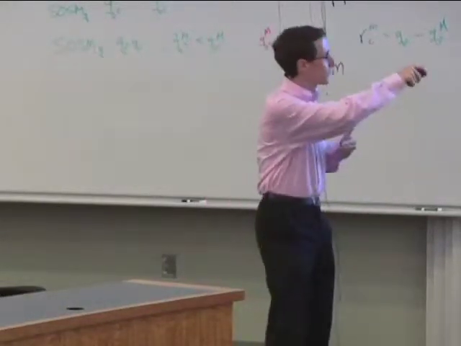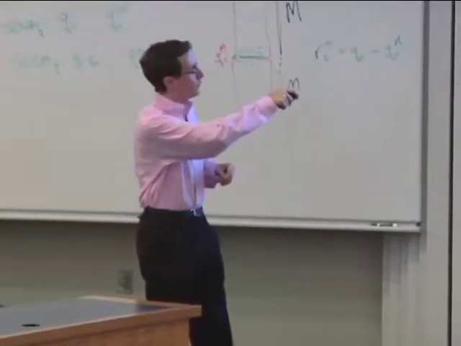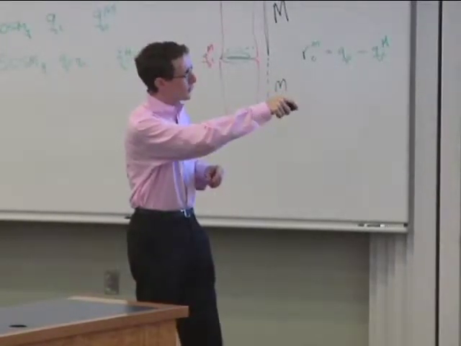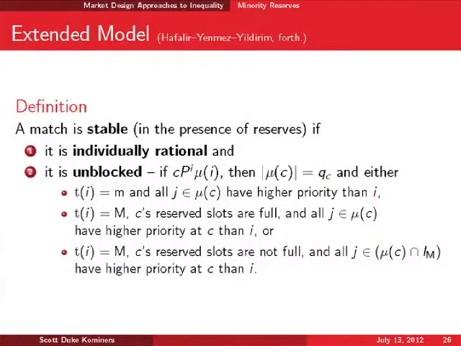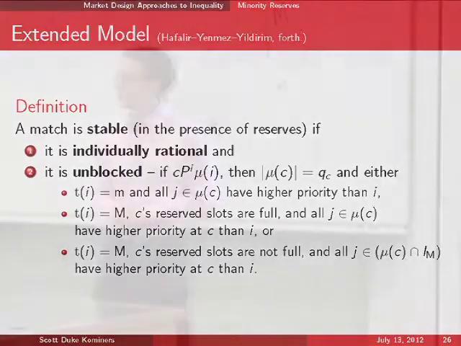Well, now we have to take that component apart. So you're a majority, the reserve slots are full, and you have higher priority, and then everyone had better have higher priority than you. Or the reserve slots are not full, and all the majority students there had better have higher priority than you.